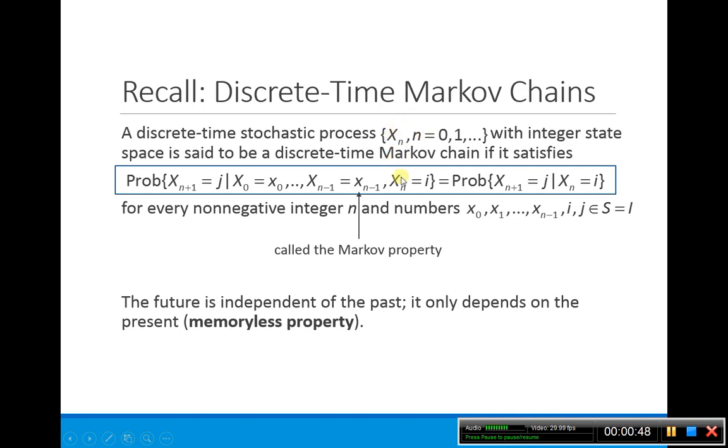And then we say it was a discrete time Markov chain if you had these integers n, and you also had this Markov property, which basically was this memoryless property. So recall that in the next time step, n plus 1, we're going to be in state j. Given that we've been all these places, it really only depends upon the present state. So the future is independent of the past, it only depends upon where you are at present.